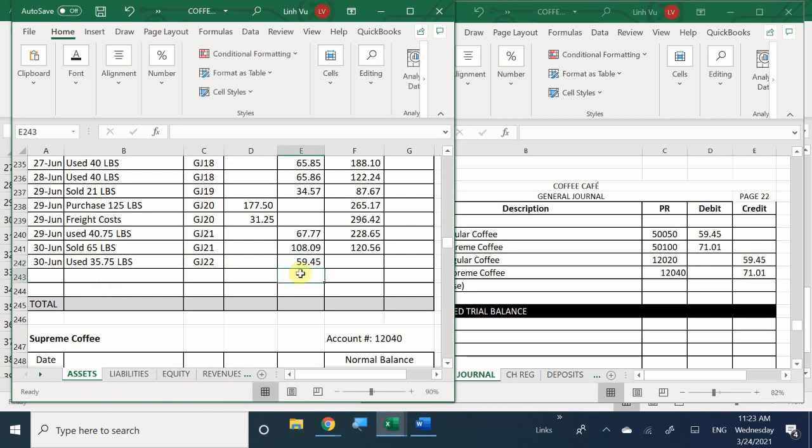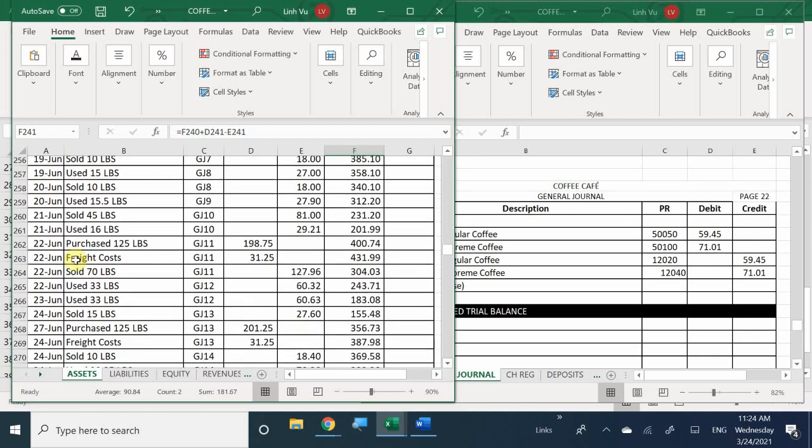So my ending balance in my regular coffee account should be 61.11, which we know for a fact is correct in our inventory worksheet.